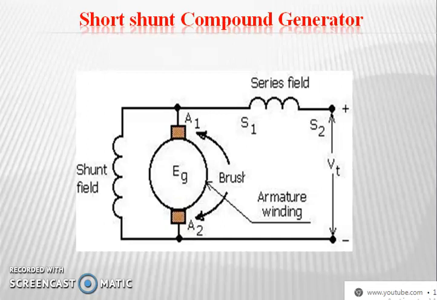The DC compound generator is again classified as cumulatively compounded DC generator and differentially compounded DC generator. In cumulatively compounded DC generators, again there are long shunt and short shunt generators. Again in differentially compounded DC generators, long shunt and short shunt generators. This is the detailed classification of DC generators.